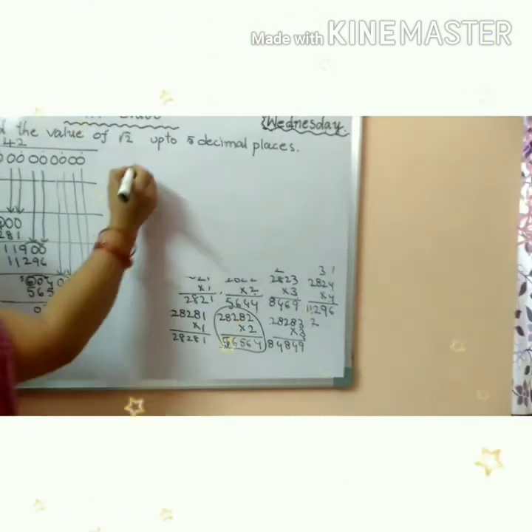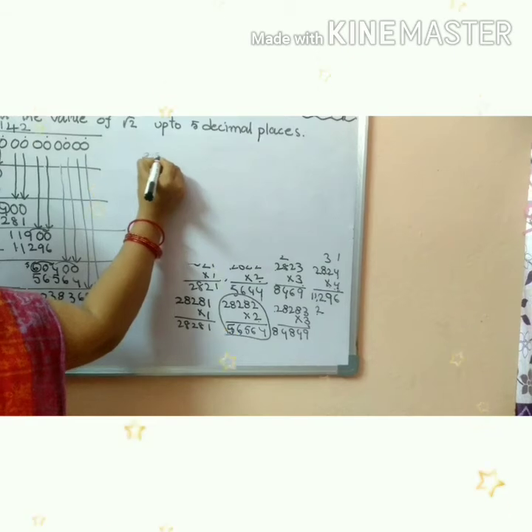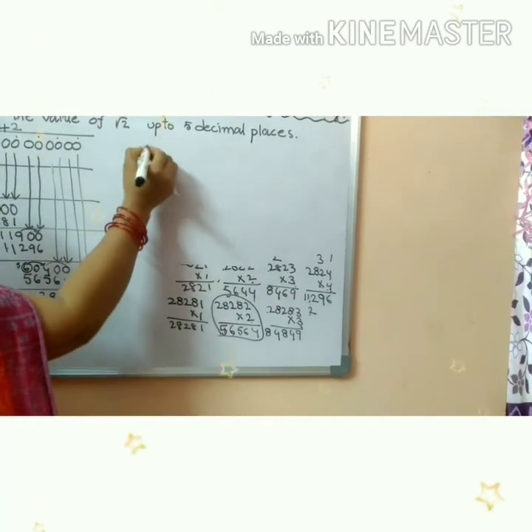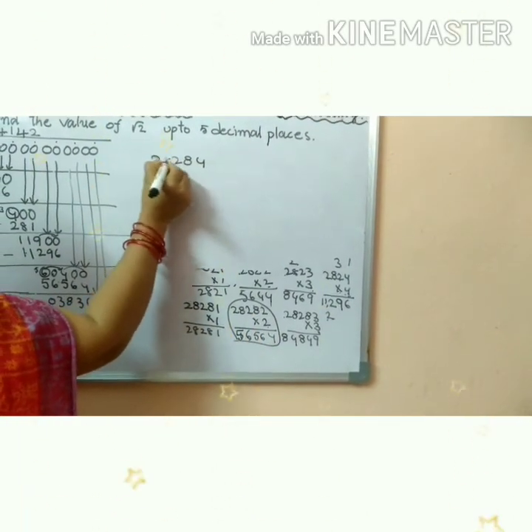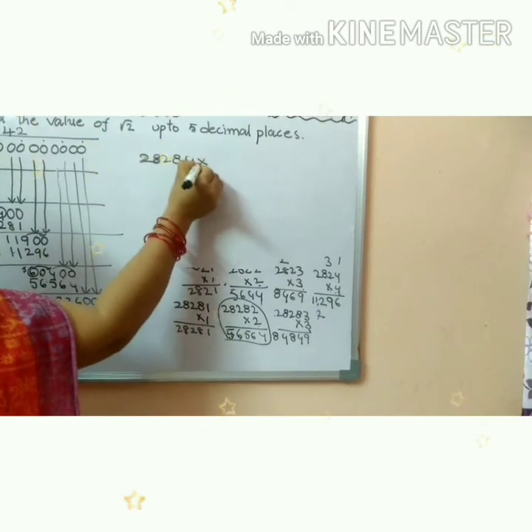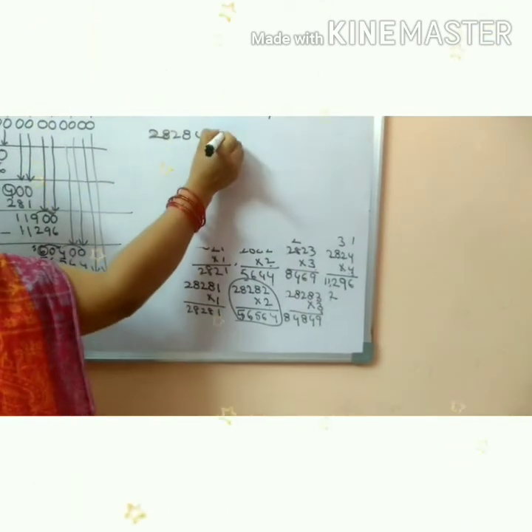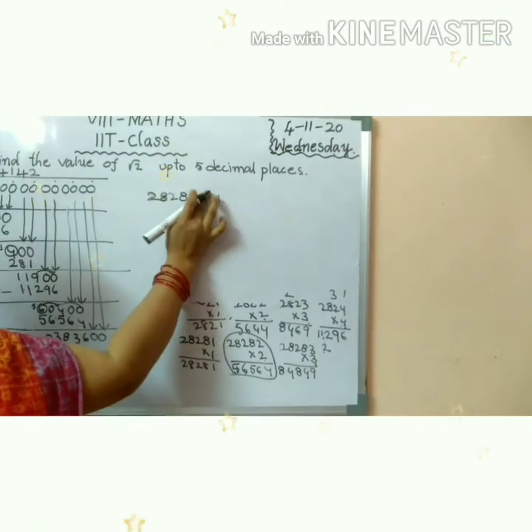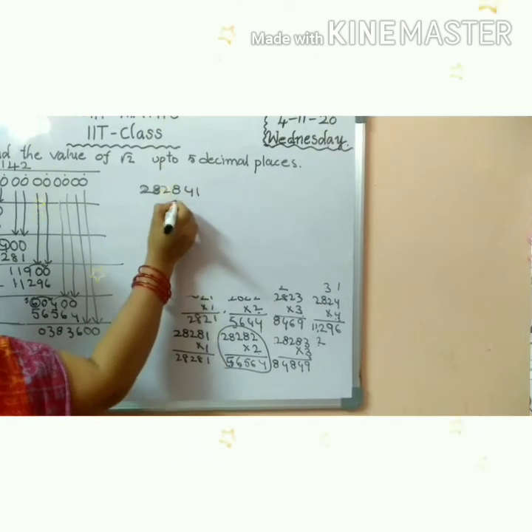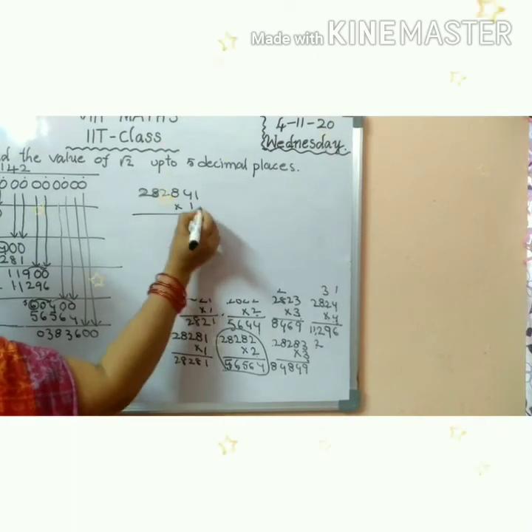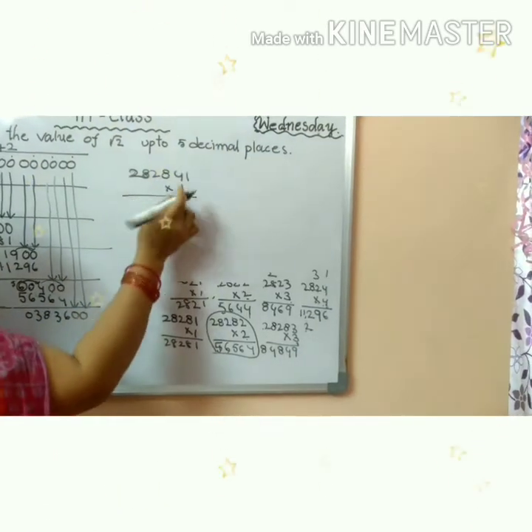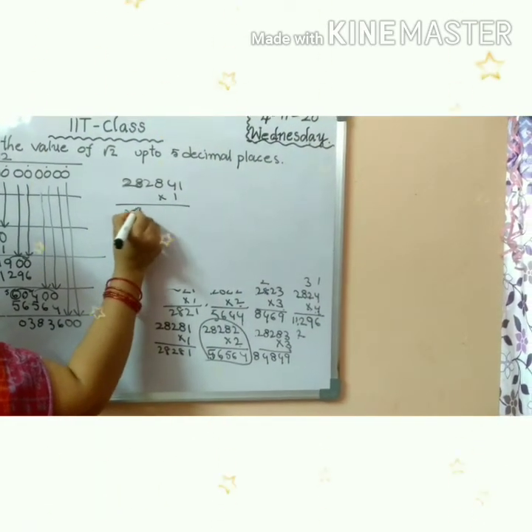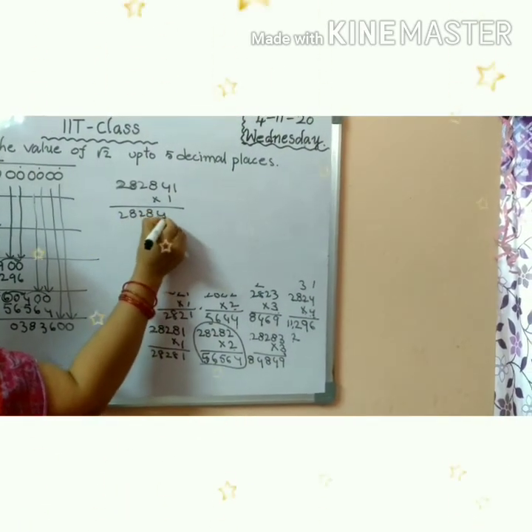So here 2, 8, 2, 8, 4. So which number is multiplied? The nearest number, 1 into 1. So we have to take the 1 in the ones place. So 1 1's are 1, as usual write 2, 8, 2, 8, 4, 1.